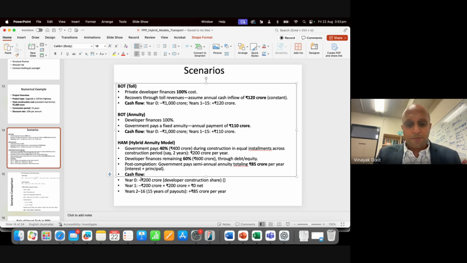So the private party has put minus 400 and the public has put plus 200, so that is equal to minus 200 crores, right? And then the next year, the private party has put minus 200 crores, so that is 600 crores put in, and the government is giving another 200 crores. So there's net zero. That's how it has been set up.